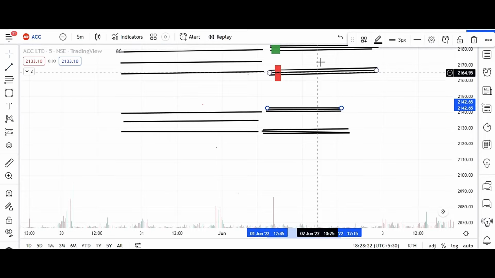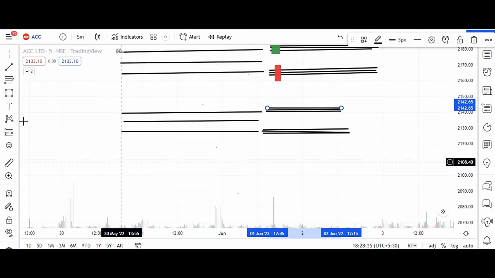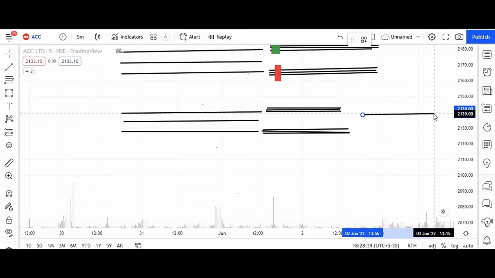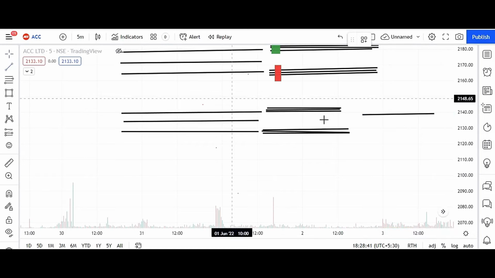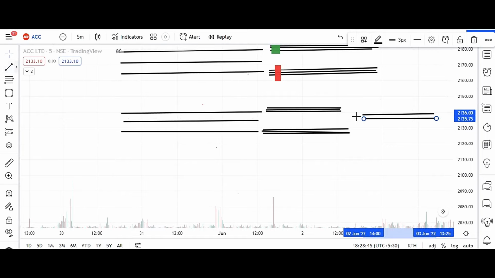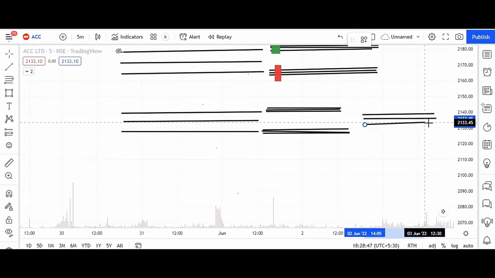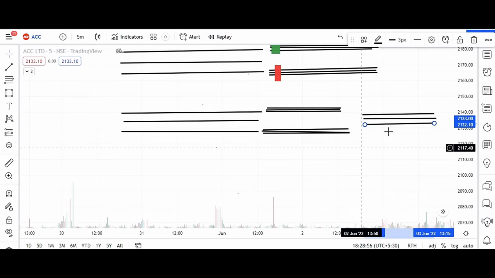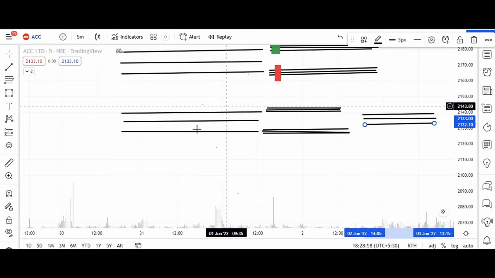Here it fulfills the second case, and then along with that, whichever the CPR is going to form the next day, it should be inside. Should be inside the previous first day CPR. Okay, the second day should be like this, and third day should be inside the first day of CPR.